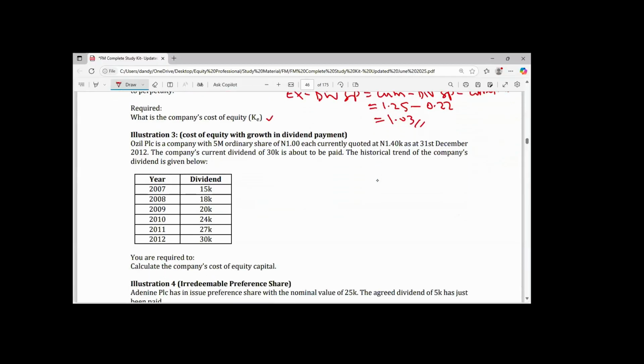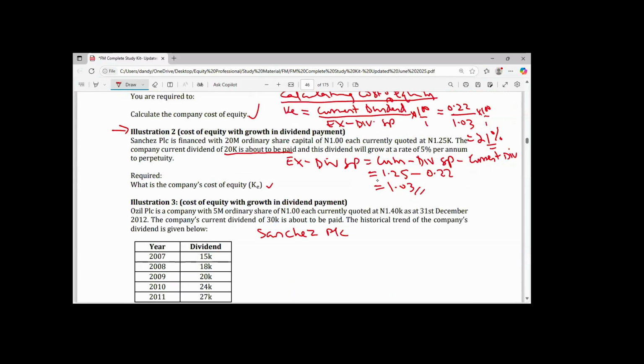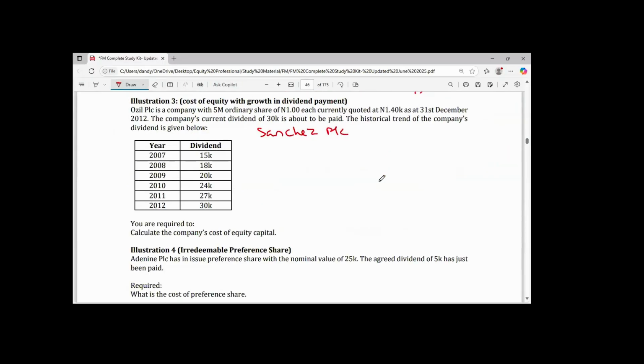The name of this company is Sanchez PLC. What do you want to do? We have to calculate cost of equity, which is KE.